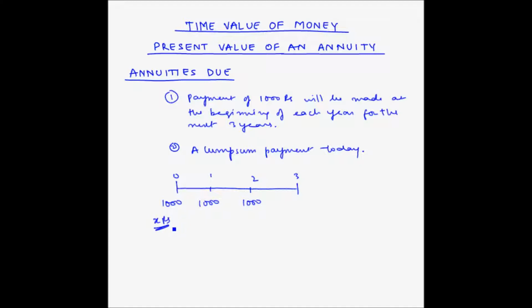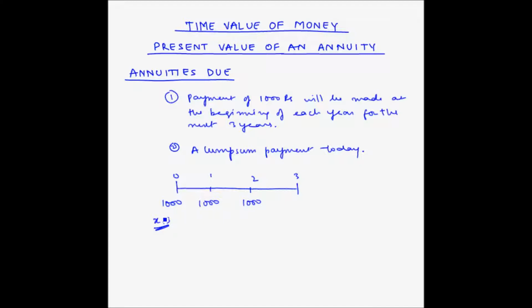Now you inquire in the banks and they can offer 5% interest per year compounded annually if you deposited this lump sum amount in the bank. So this X rupees is nothing but the present value of this annuity.